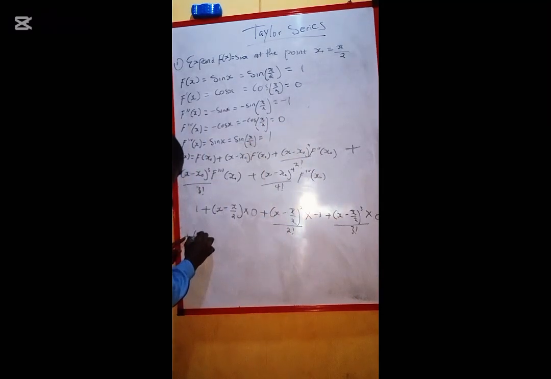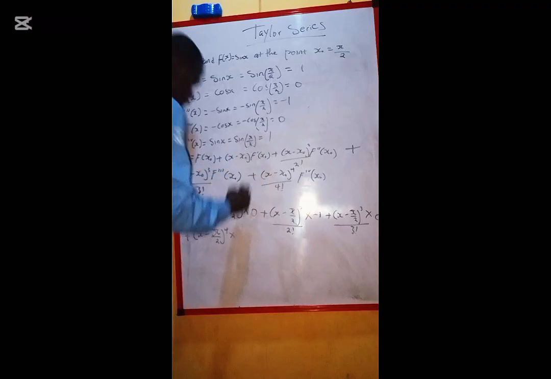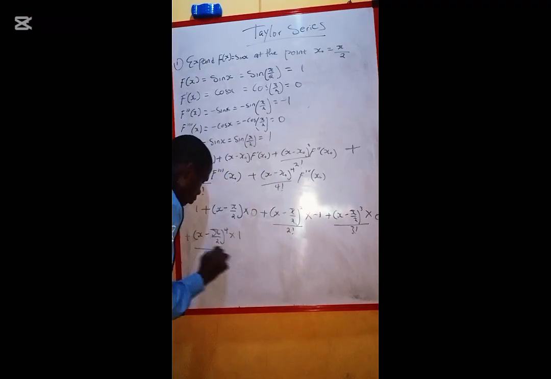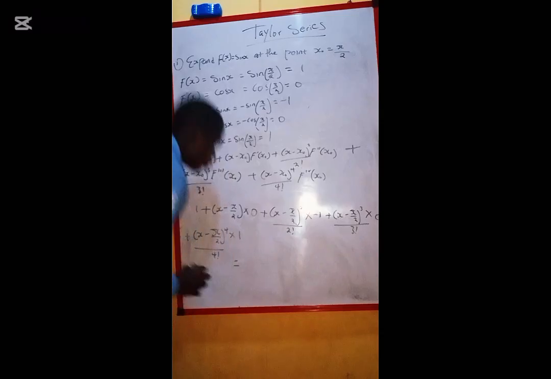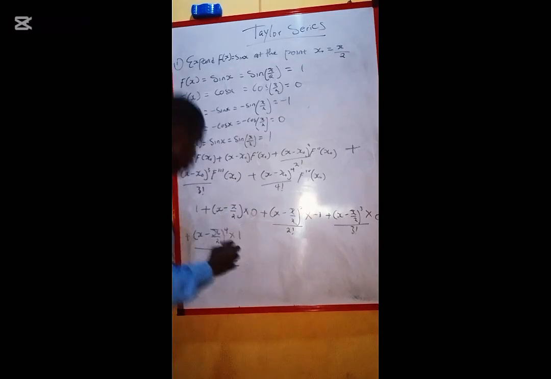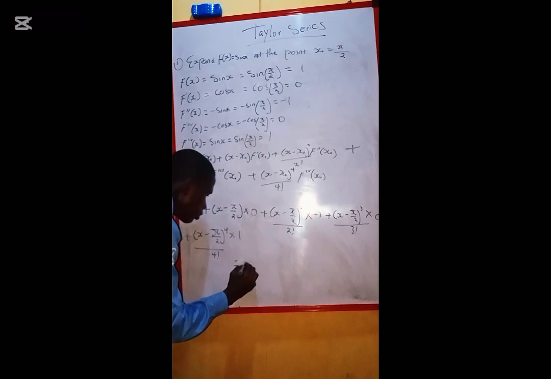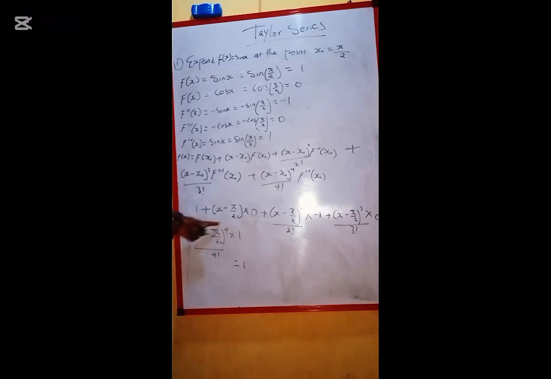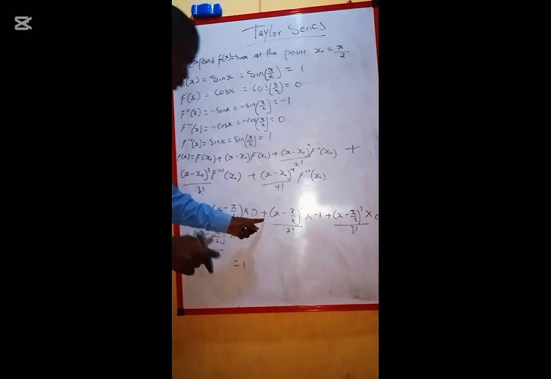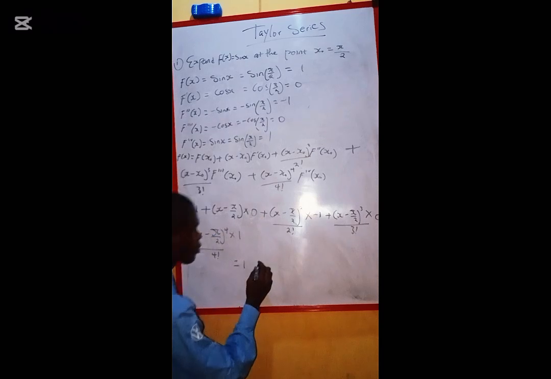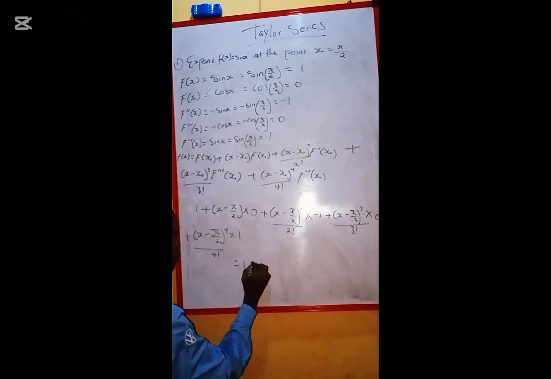Plus the fourth one, x minus pi over 2 to the 4, times the fourth derivative, which is 1, over 4 factorial. The terms that equal 0 we just remove, so it is 1 minus.